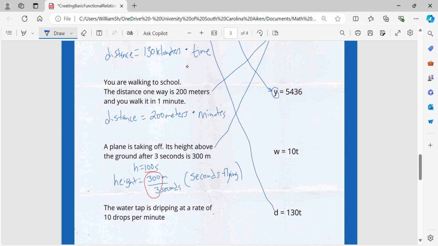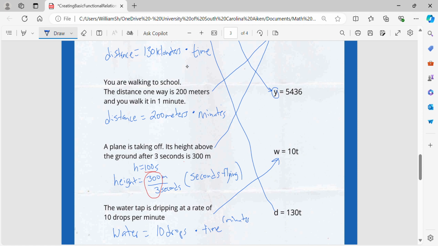Okay. The water tap is dripping at a rate of 10 drops per minute. I think it's pretty easy to match it up here. So the water is dripping at a rate of 10 drops times your time here.